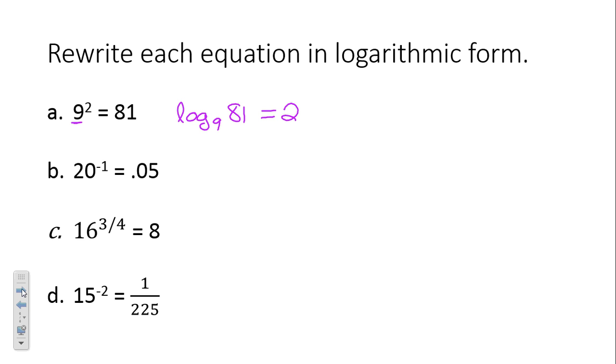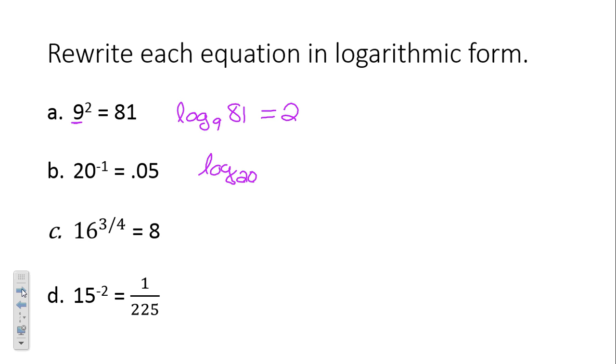Manny, what's this one going to say in logarithmic form? Log base, what's your base? 20. Okay.